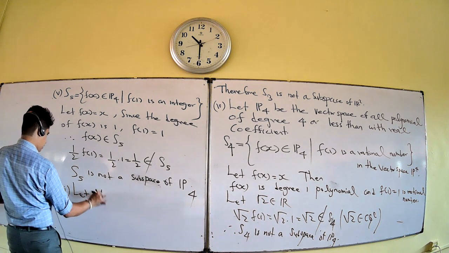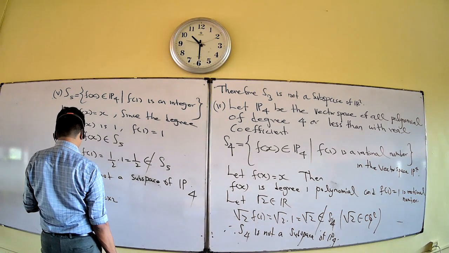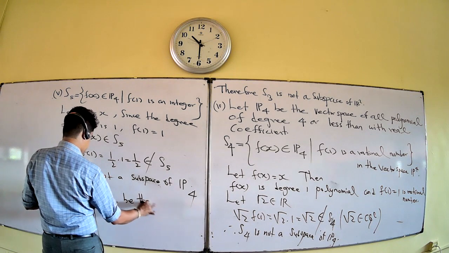Let M2 cross 2 be the vector space of all 2 cross 2 real matrices.